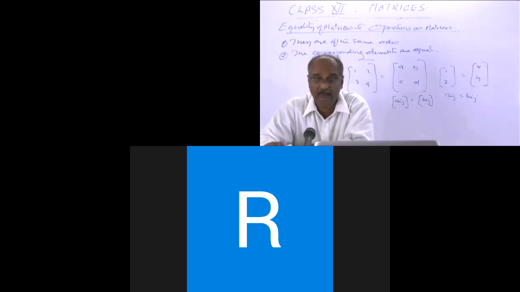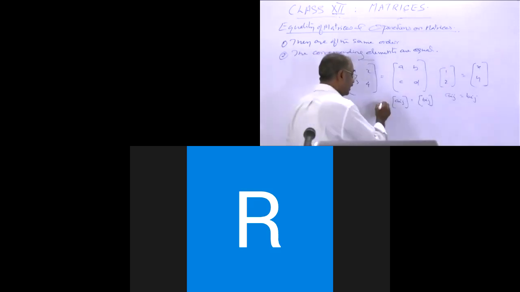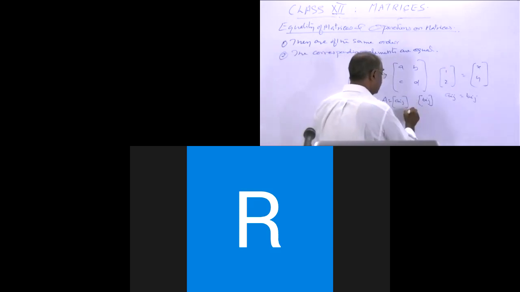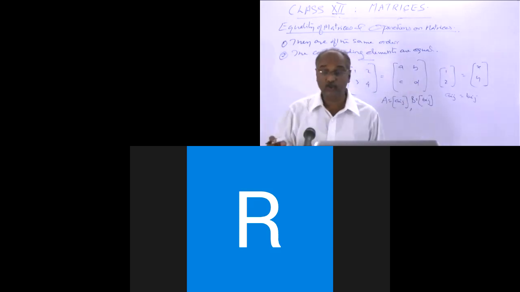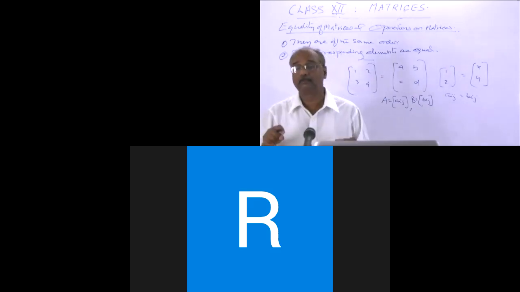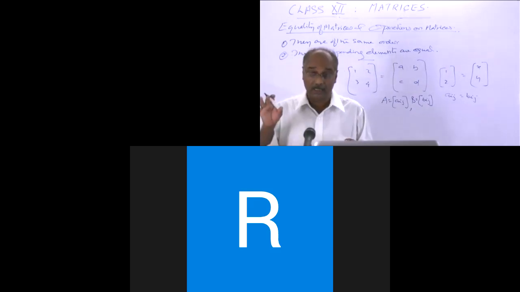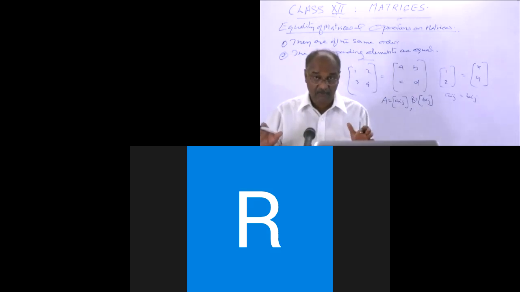Now suppose A equals Aij and B equals Bij, two matrices of the same order, then they are conformable for addition and we can add.